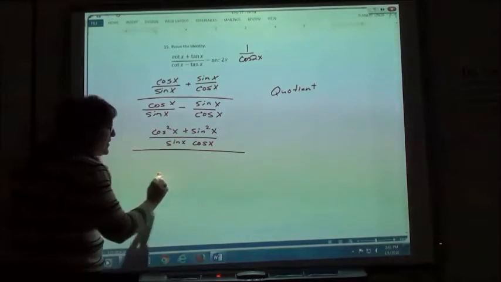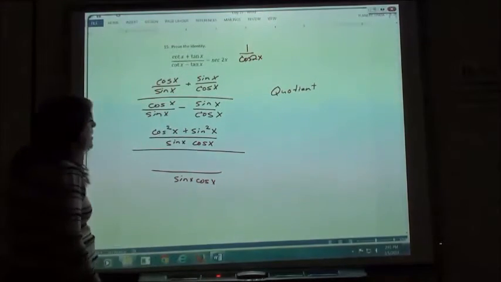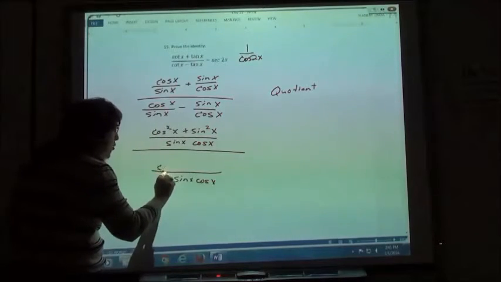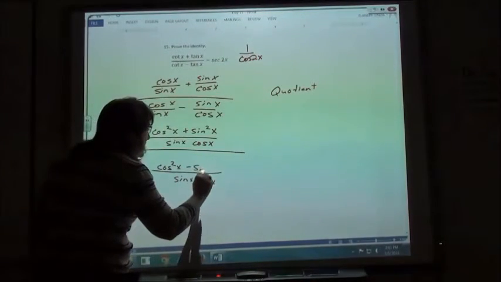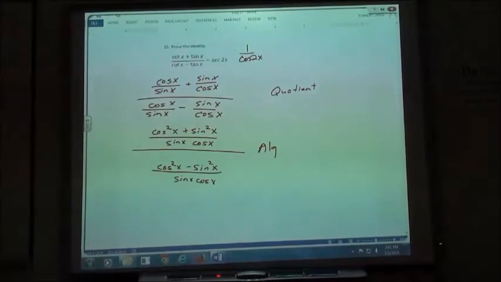On the bottom, doing the same thing, putting it over sine of x, cosine of x, using my common denominator. This would be cosine squared of x minus sine squared of x. And we just did a whole bunch of algebra there.